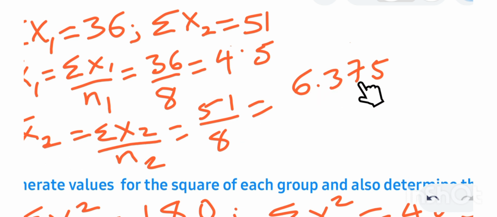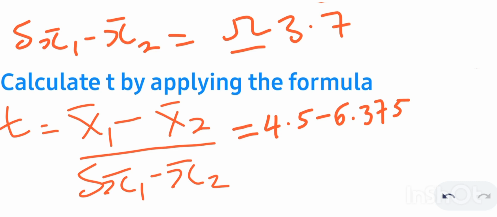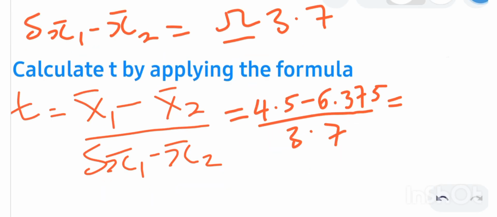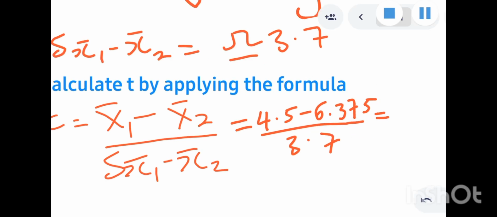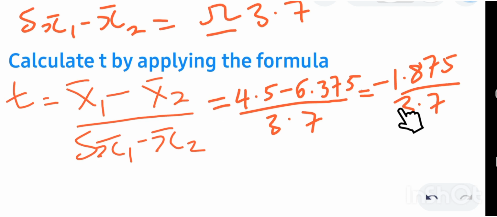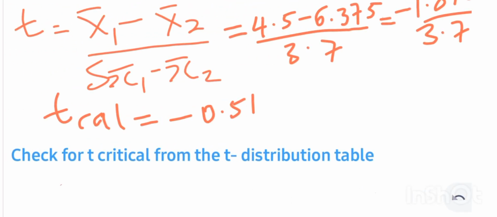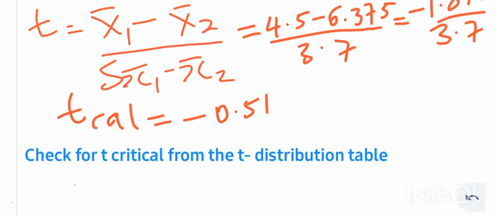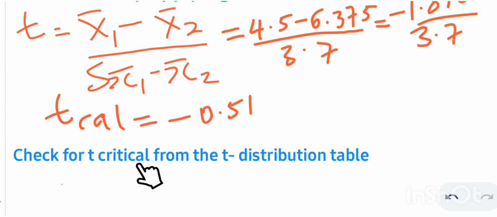We divide by the standard error of difference, which is 3.7. So 4.5 minus 6.375 gives minus 1.875, divided by 3.7. So our t, I call it t calculated, will be equal to minus 0.51.